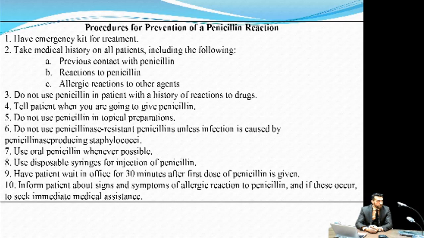Inform patients about the signs and symptoms of allergic reactions to penicillin, which include skin rash, urticaria, rhinorrhea, conjunctivitis, chest tightness or dyspnea, and if these occur, to seek immediate medical assistance.